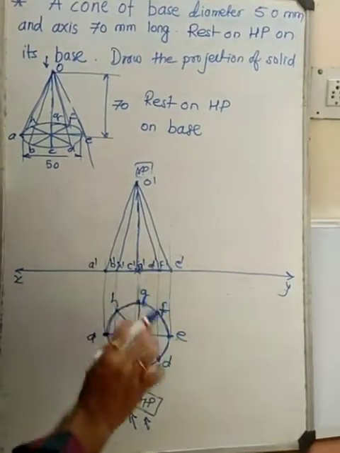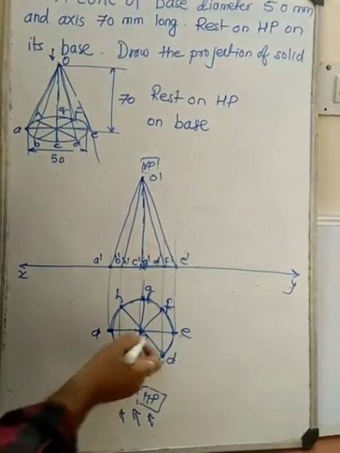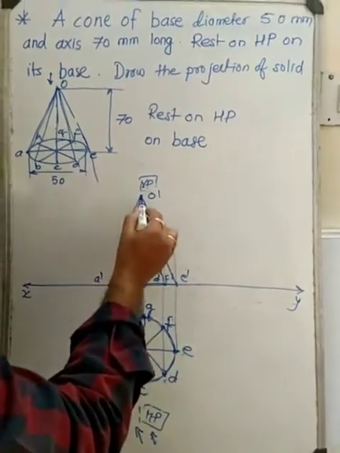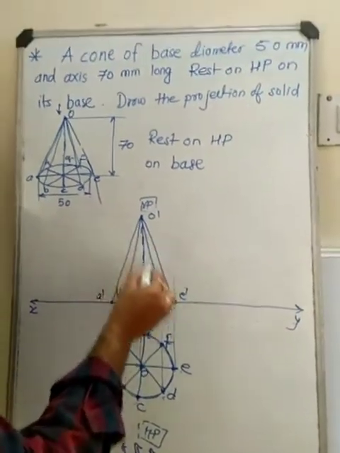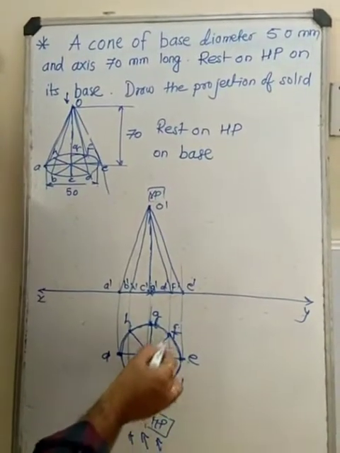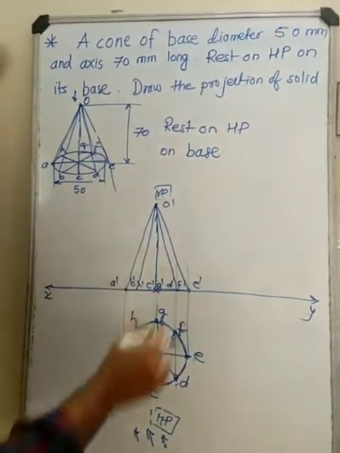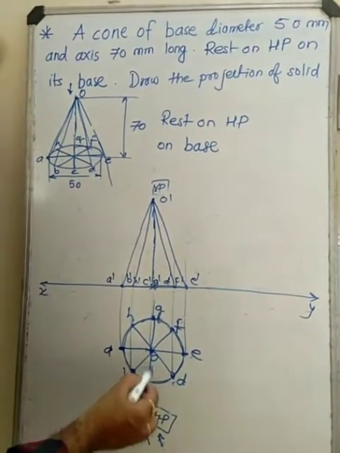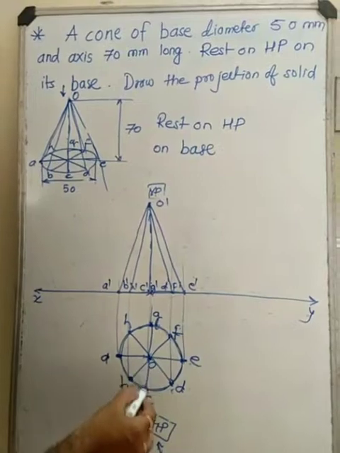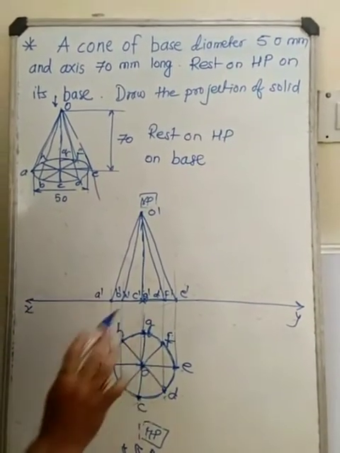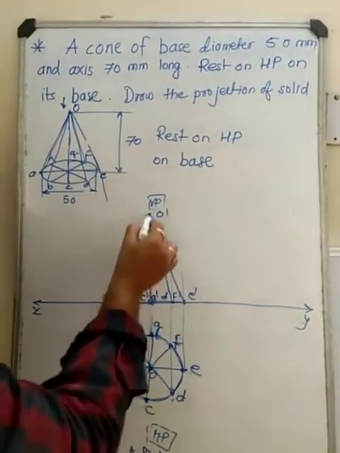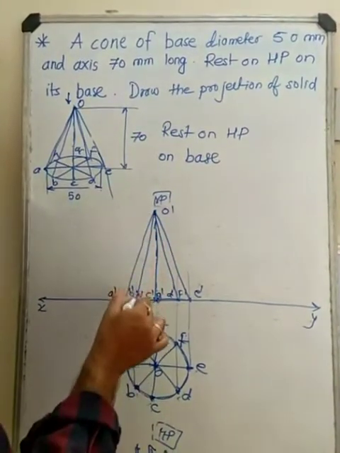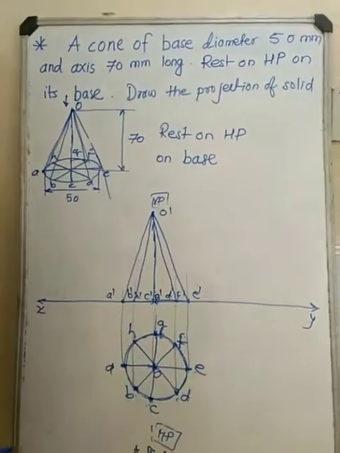Now OE is obviously dark, and OF is hidden, but that hidden line overlaps with the OD line, so OF is not visible. Again, OG is hidden, but OC is overlapping OG, so OG is not visible. Again, OH is hidden, but OB is overlapping OH, so OH is not visible.